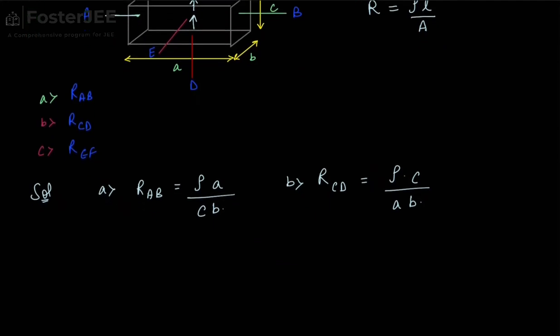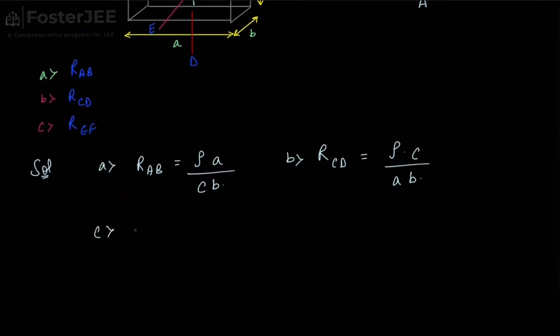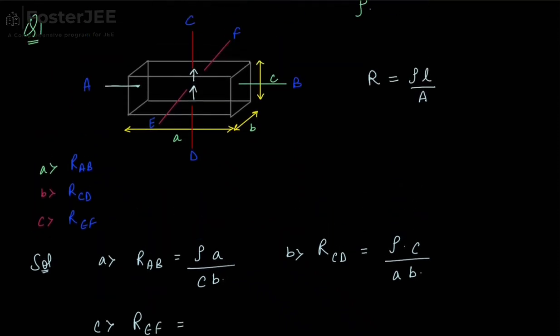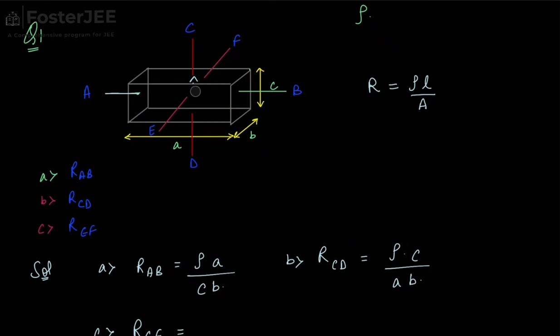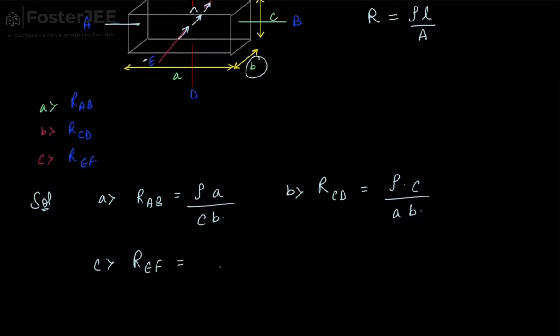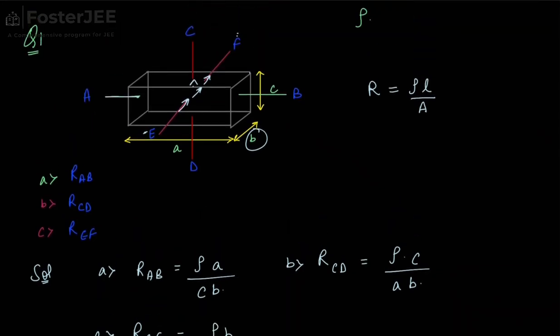Now, finally, our third part, the resistance between E and F. In the case of E and F, this is E and this is F. The electrons will have to travel along this length. Which length is responsible for providing the resistance? That is B. So, in that case, the resistance will be rho into B upon what is the cross sectional area available? That is this part. What is the value of this area?